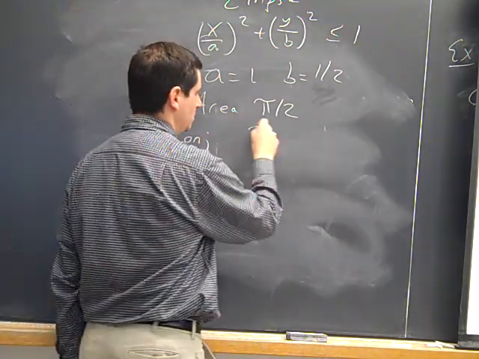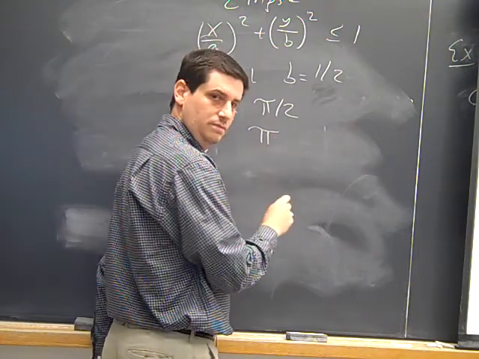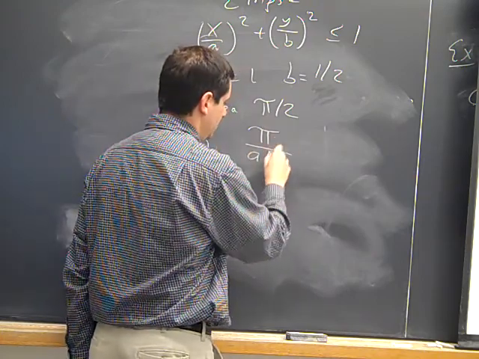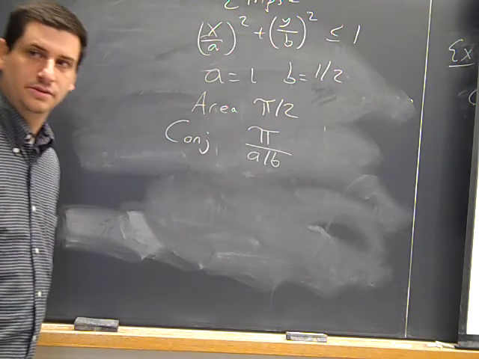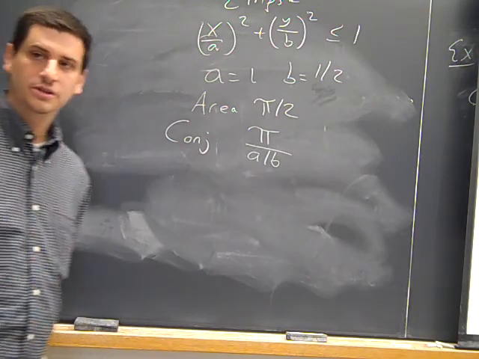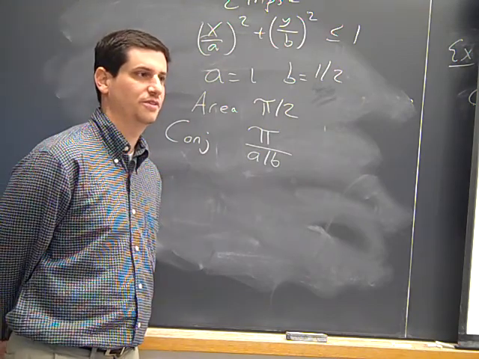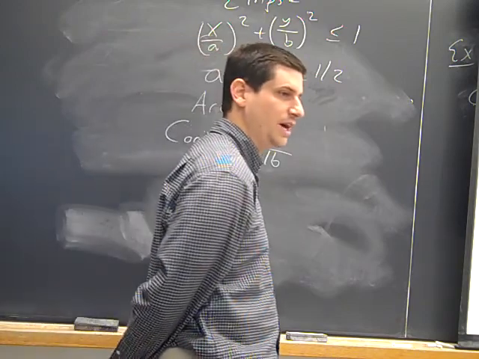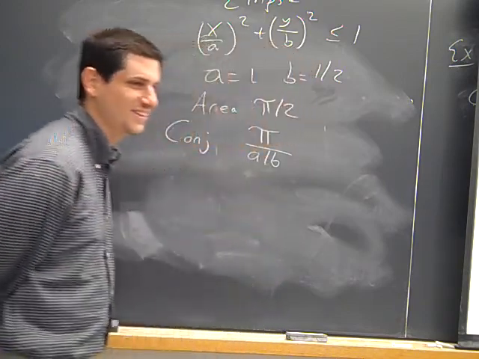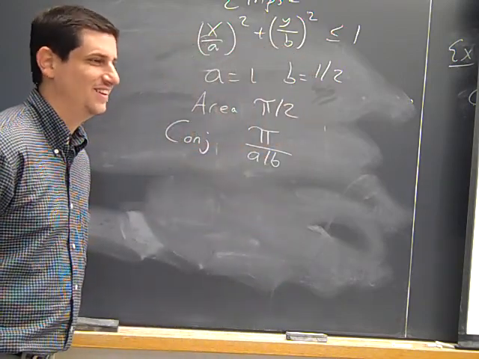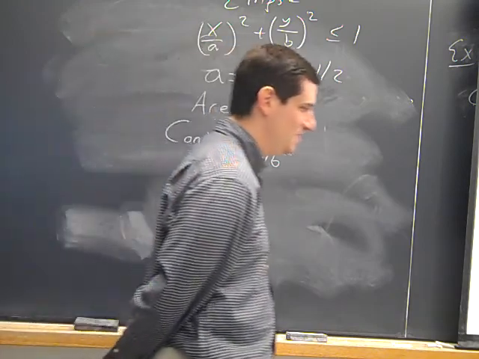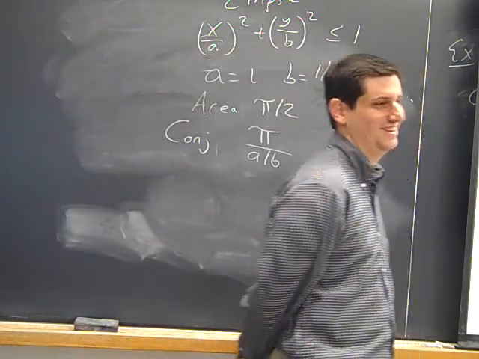Pi over a divided by b. Okay, that's one conjecture. Other conjectures. b pi over a, which is the same. Now you owe me a real conjecture.